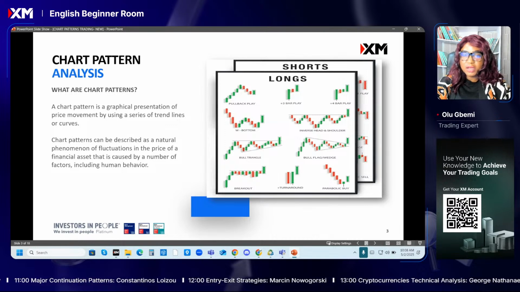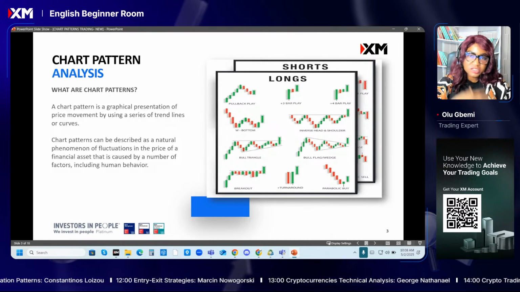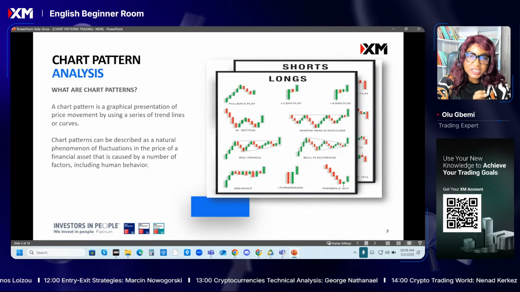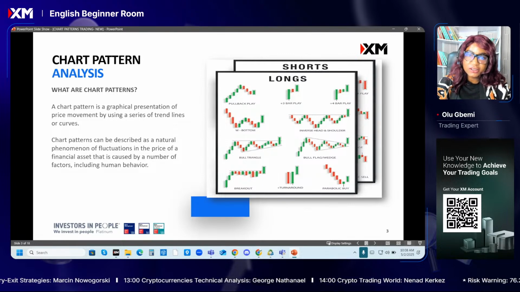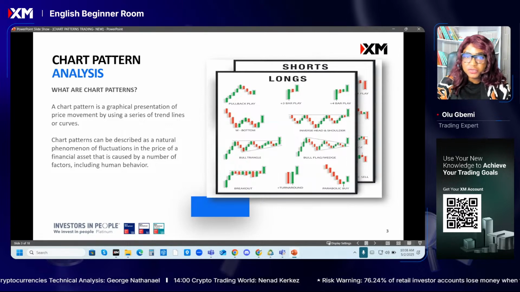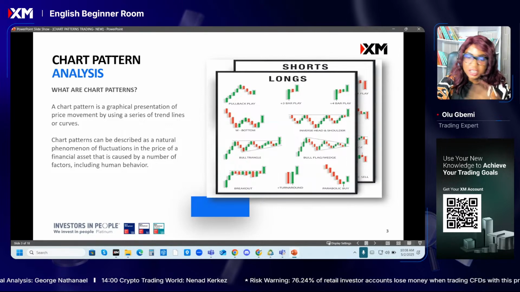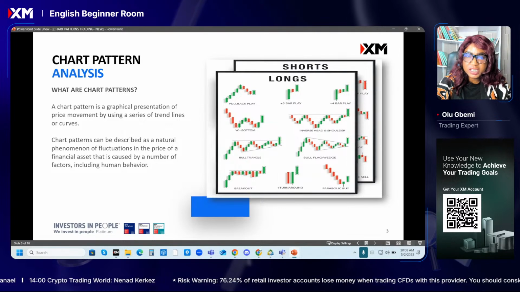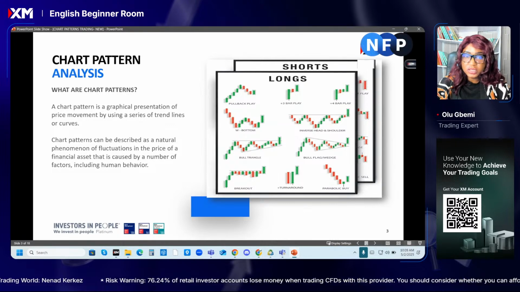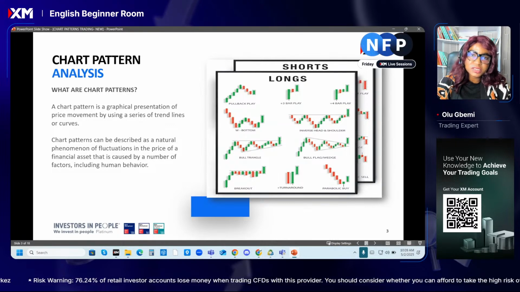So all the emotion that we bring into the market is somehow presented in these patterns. They can be seen, all right? The emotions of fear, greed, revenge, and all of that can be seen in these patterns. And that is why they form the way they form, and that is why they are also repetitive.